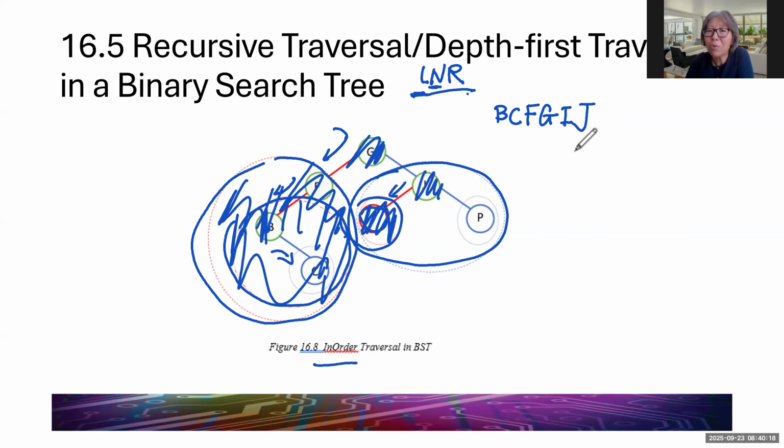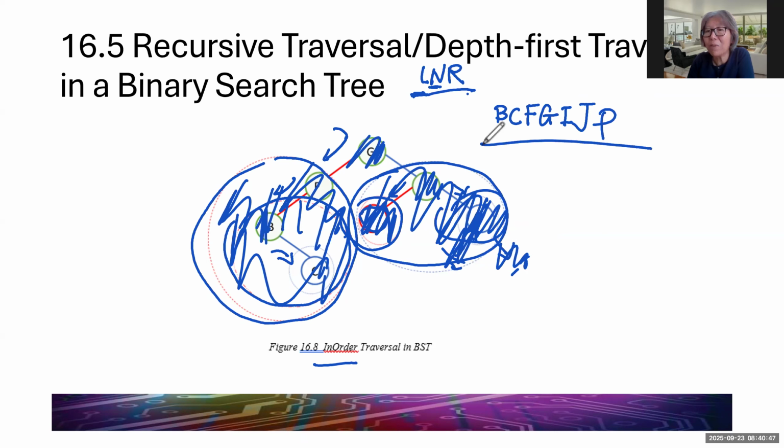And then come to its right. We should follow left, node, and right. Left is null, so then come to node, and then go to right. Right is null. So now you are done with its right subtree. So now this whole right subtree is done and everything is crossed out. So this will be the output.